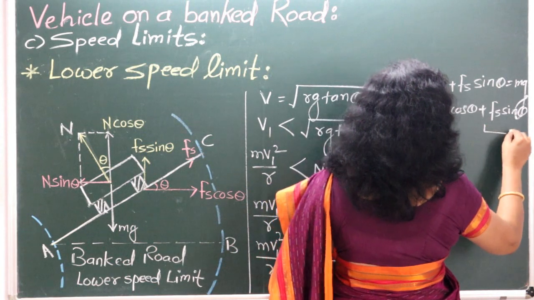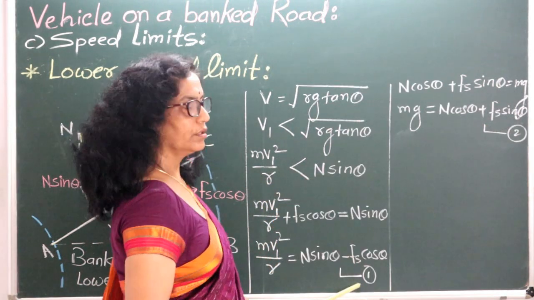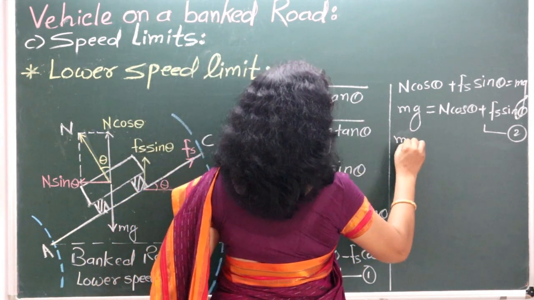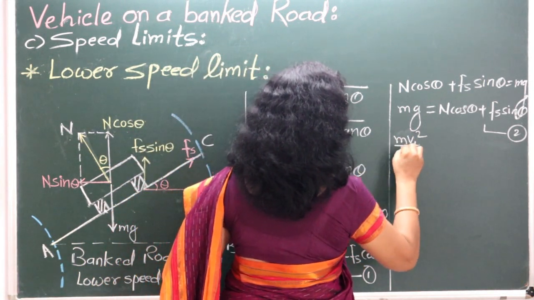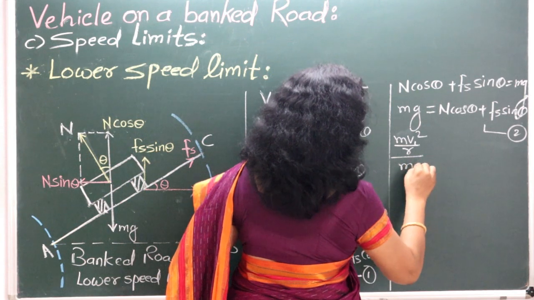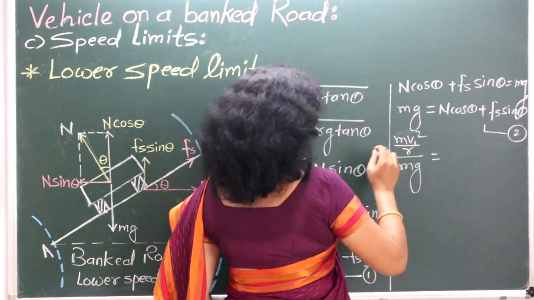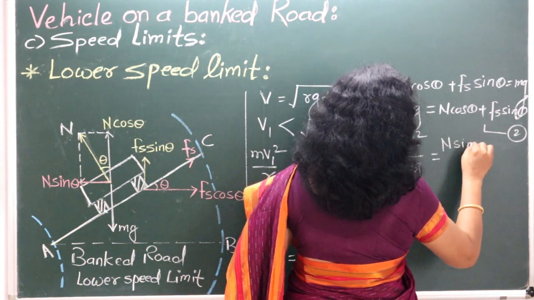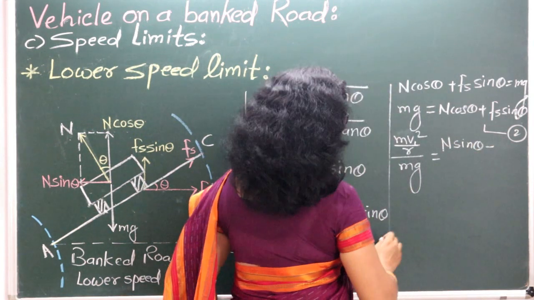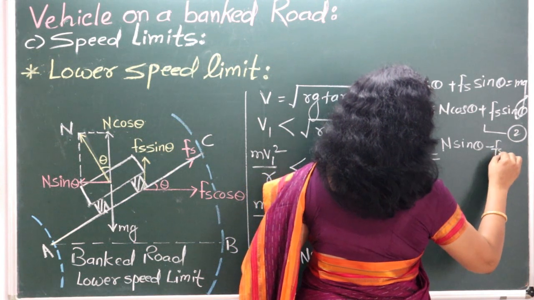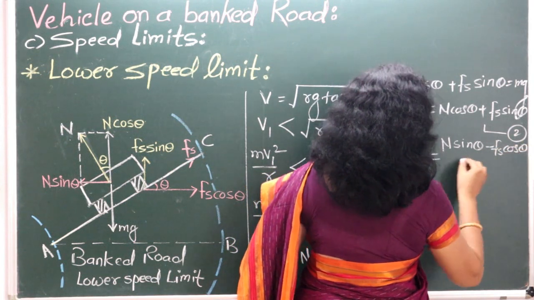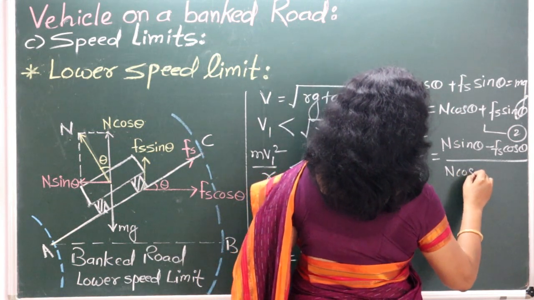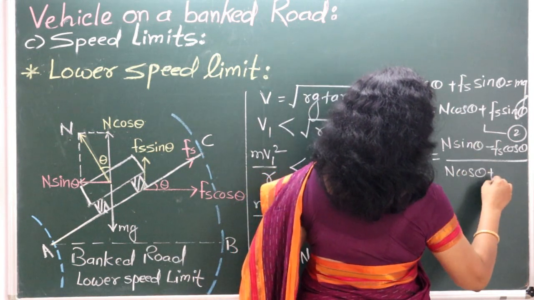This is equation number 2. Divide equation first by equation second, that is mv1 square upon r upon mg equals n sin theta minus Fs cos theta divided by n cos theta plus Fs sin theta.